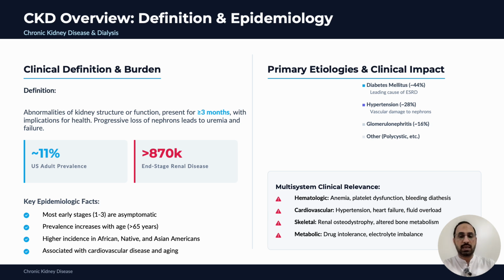The most critical takeaway here is that the early stages, from stage 1 through stage 3, are mostly asymptomatic. And the primary driver of this disease is diabetes mellitus, constituting 44%, followed by hypertension.